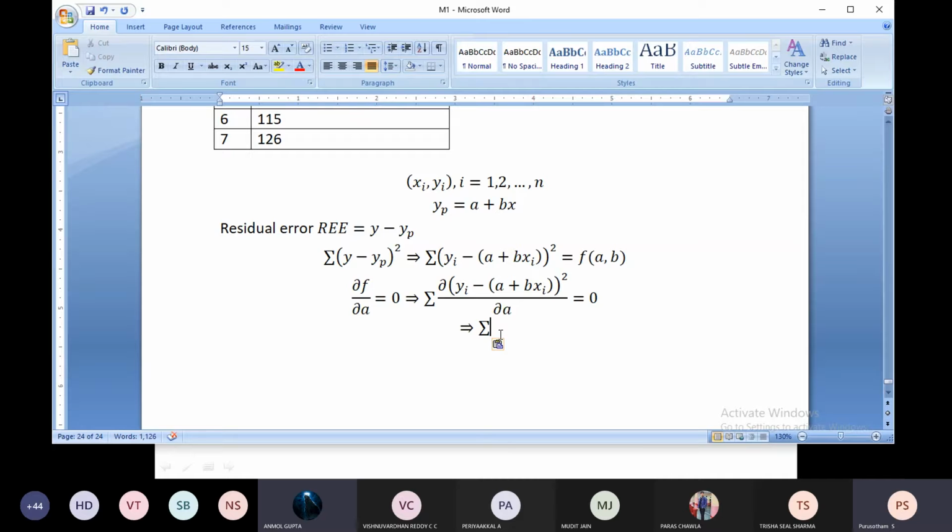So something like 2 into yi minus (A plus Bx) into the derivative of the inside term with respect to A. The derivative of yi with respect to A is 0. The derivative of minus (A plus Bxi) with respect to A is minus 1, right? Yes, sir. Which is equal to 0.